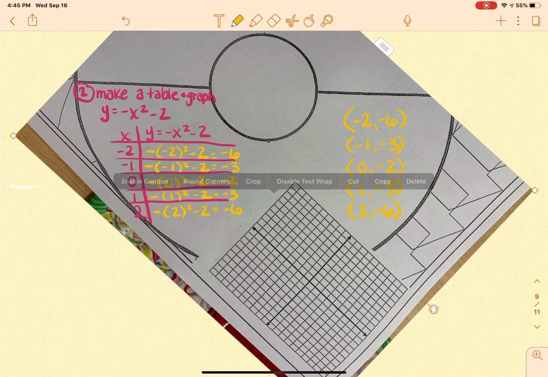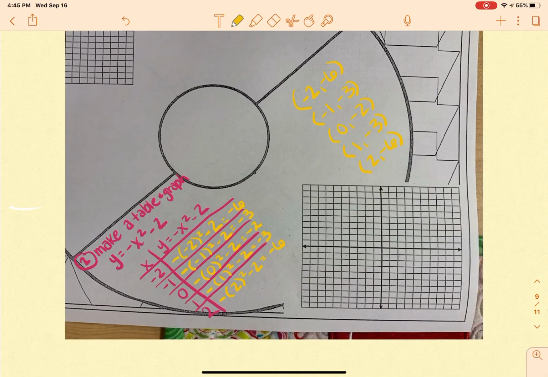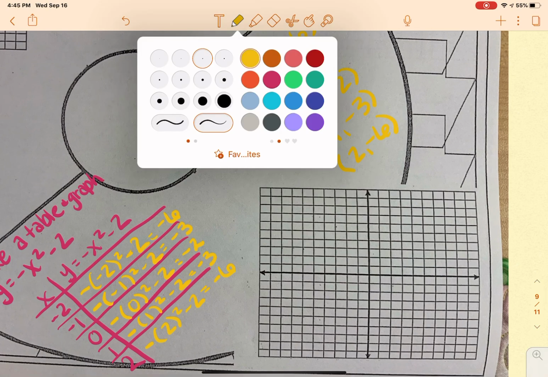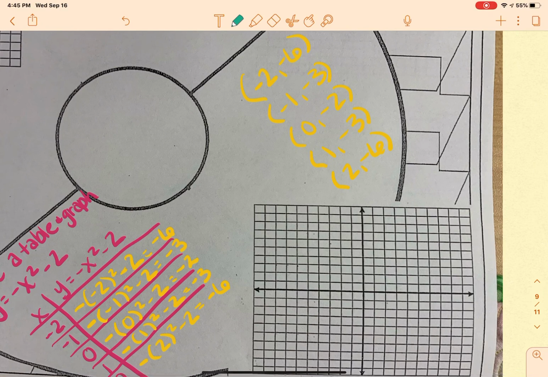Okay, now that I've got my points, I'm going to turn my paper right side up again. And I'm going to work to get these graphed. So negative 2, negative 6, negative 1, negative 3, 0, negative 2, 1, negative 3, and 2, negative 6.